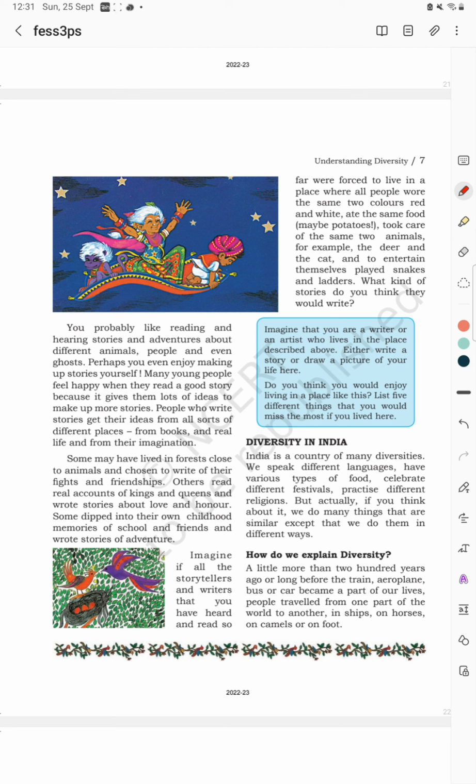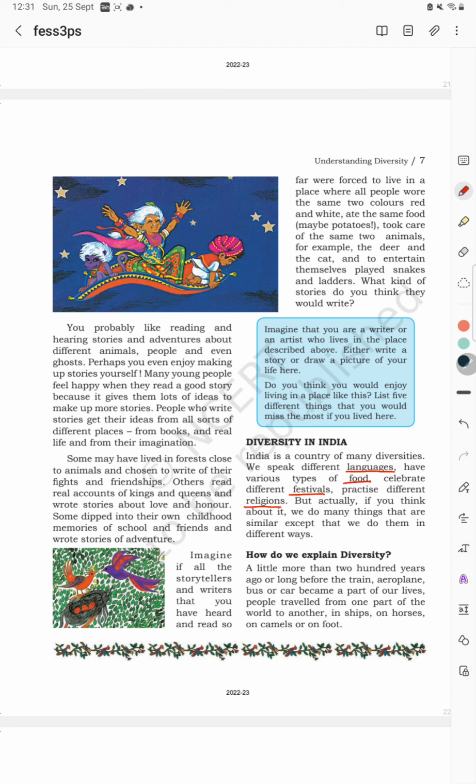Then, diversity in India. So, as we all know, India is a country of many diversities. We have diversity of language, food, and festivals, we practice different religions, and we have different cultures and traditions. India is a country of many diversities, be it language, food, festival, or religion.